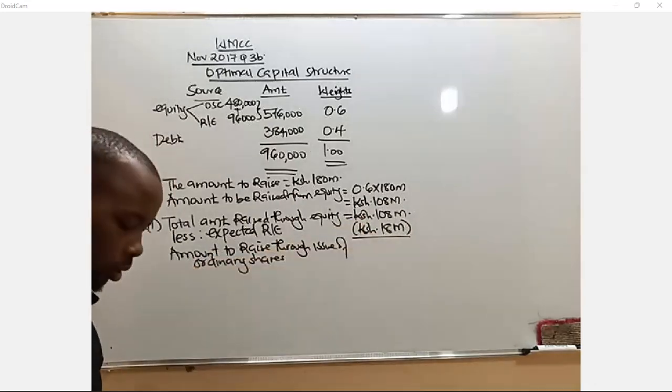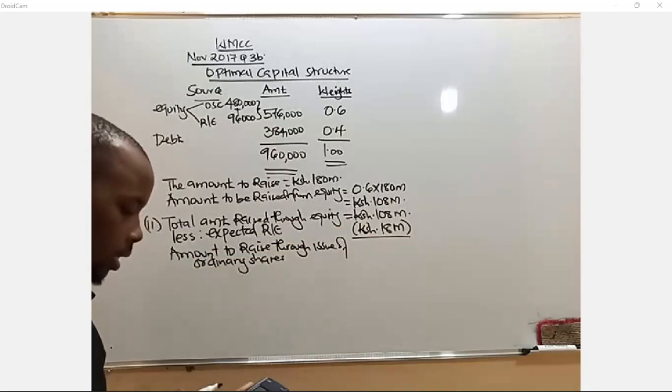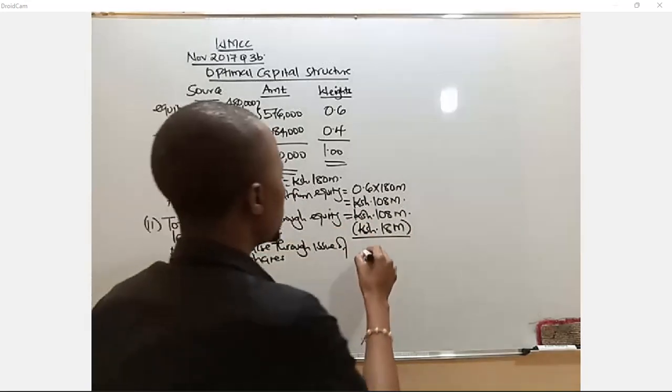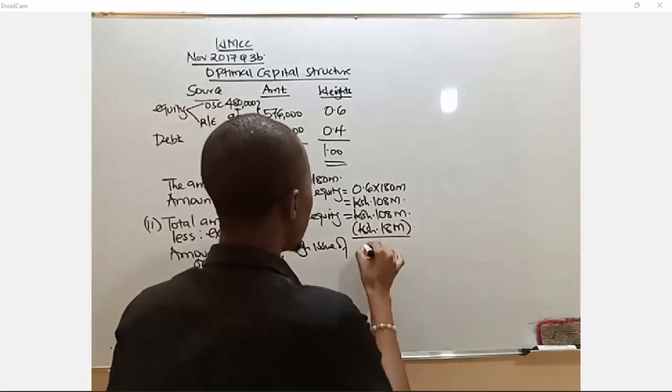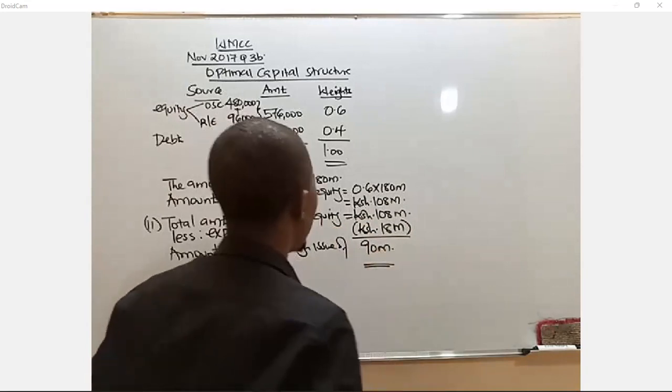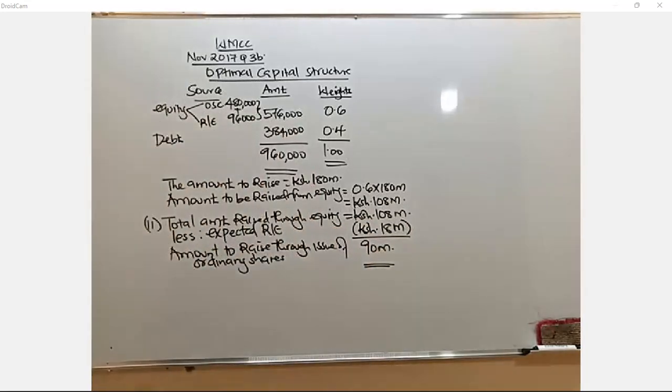I just need to take 108 minus 18, and we get 90 million. The amount we can raise through the issue of ordinary shares is 90 million. But what is the examiner's question? The examiner is asking for the number of ordinary shares that we can issue to raise the external equity.